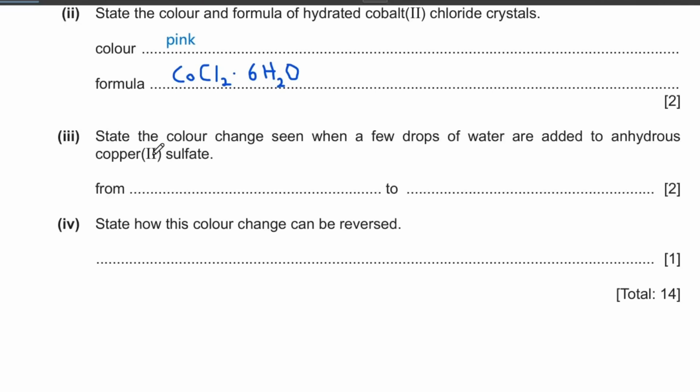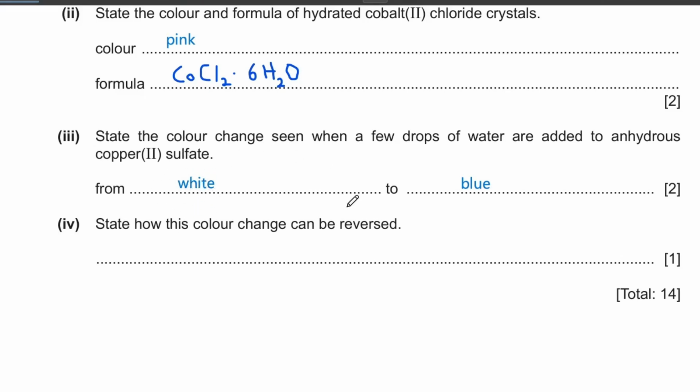Next question. State the color change seen when a few drops of water are added to anhydrous copper 2 sulfate. So like I stated earlier, cobalt 2 chloride is used for the test of water as well as copper 2 sulfate. So the color change is going to be white to blue. When it is anhydrous copper 2 sulfate, the color is white.